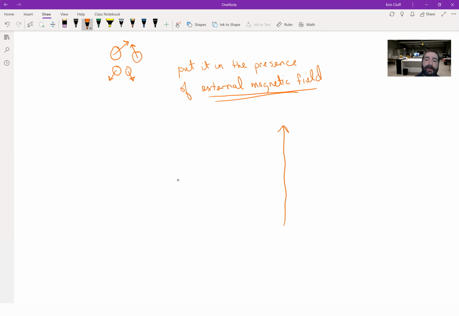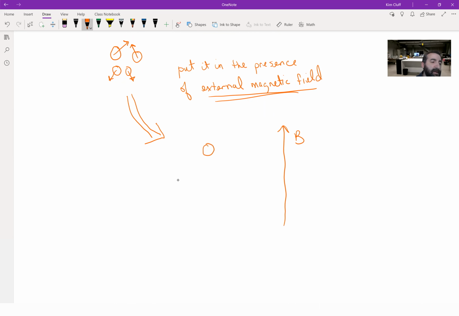This will be B. B is a powerful external magnetic field. What will happen to all of these hydrogen atoms with all their little magnetic moments is that they'll align themselves with the external magnetic field.